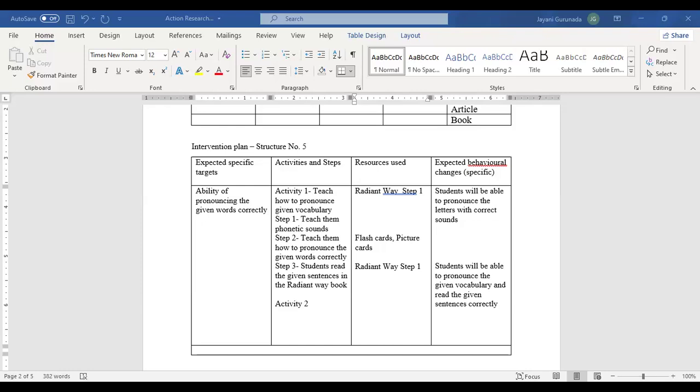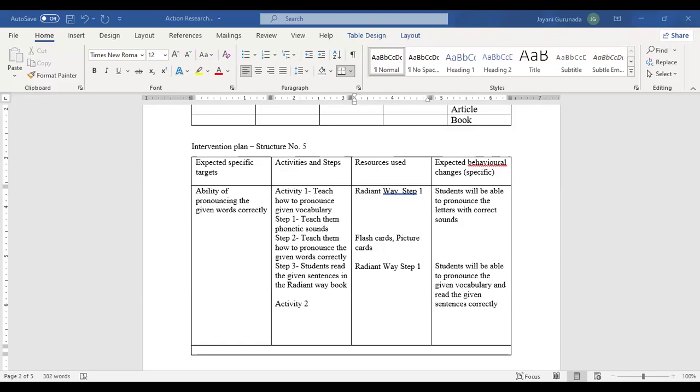Or rather than pronounce the given words, ability to read the given text. Madam, I have written 3 steps. First the words, then sentences, then last one is paragraph.